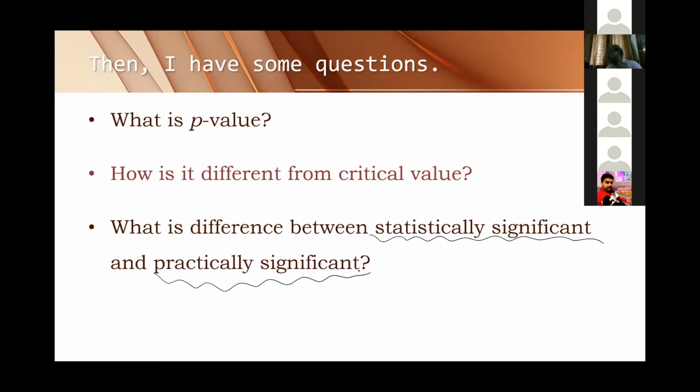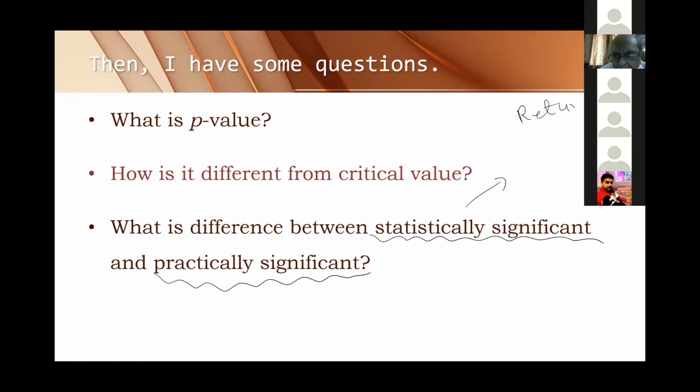Sir, I'll try to guess. A statistically significant result is something which we have proven using statistics, for example a t-test or any statistic. Practically significant, I'm hearing for the first time; maybe we assume that it could be significant, or I don't know, sir.